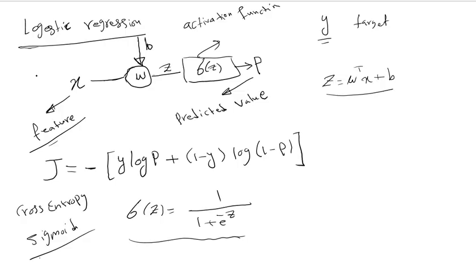Now let's find how W is updated. Again, it is based on gradient descent. Let's find the derivative of J with respect to W. Again, the gradient descent tells us W i plus 1 equals W i minus mu gradient J at W i.